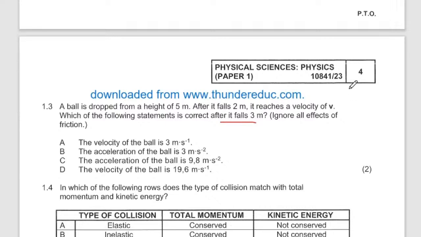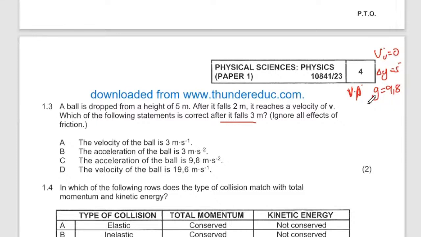Now remember this is vertical projectile motion. Since the ball was just dropped, our V initial is 0. Now we know that the delta Y is 5 meters. The acceleration due to gravity is 9.8 meters per second squared.